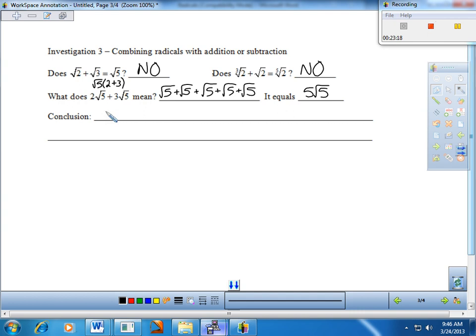So here we go, conclusion. Combine radicals with the same root. There are probably more technical ways to talk about this, but I think this is a little better for us. They have to have the same root and the same term.